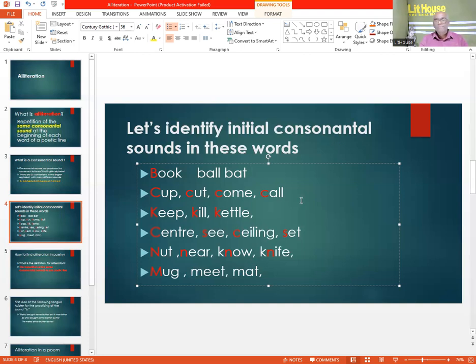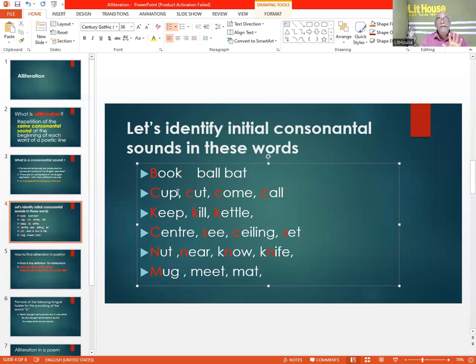Second example: cut, cup, come, cold. What is the initial letter? C. Now, don't get confused. The letter is C, but the sound is K. Cup, cut, come, cold.